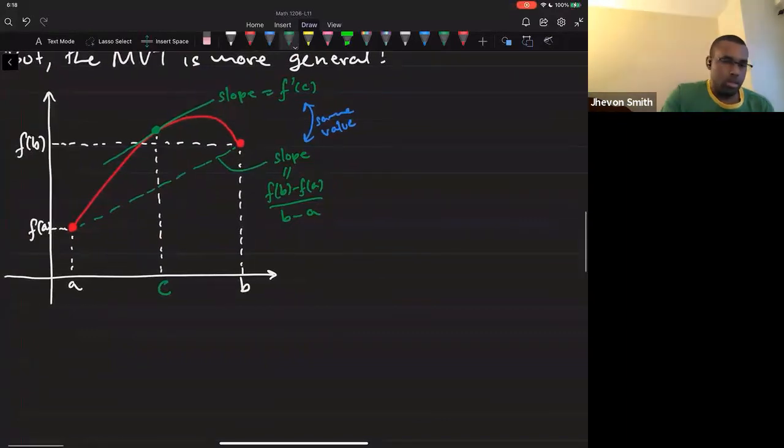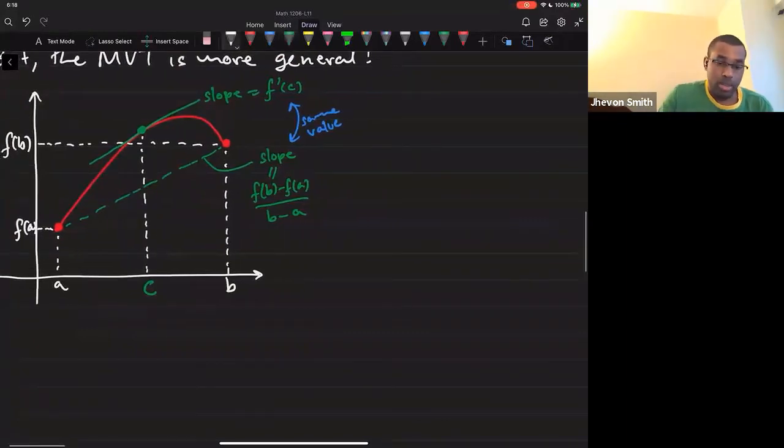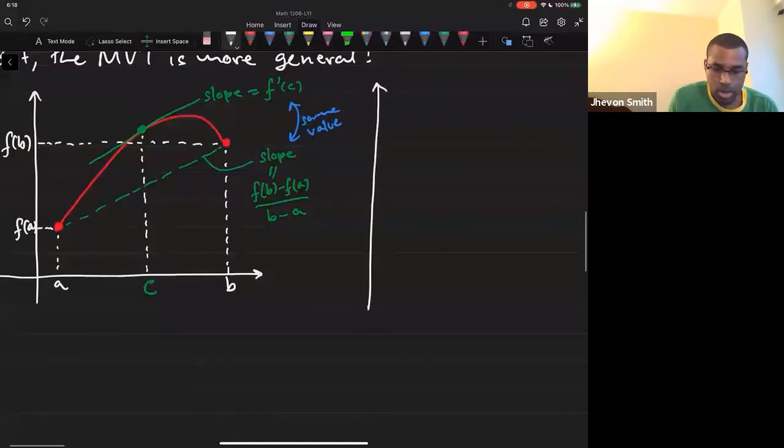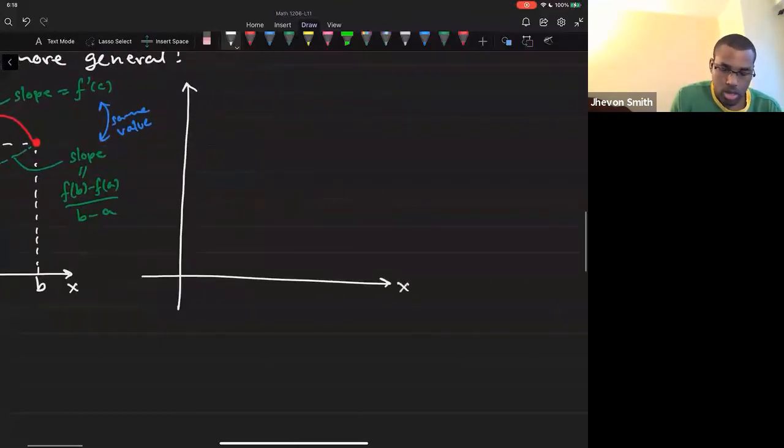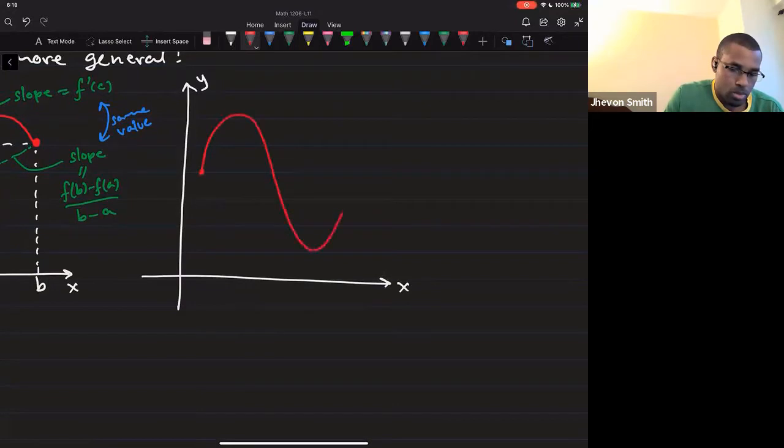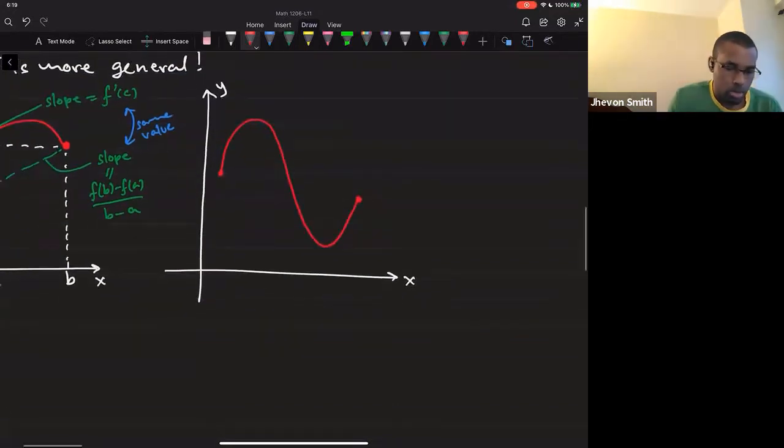Right, and similarly, I can have this happening multiple times as well, just like in the last theorem. So you have that.